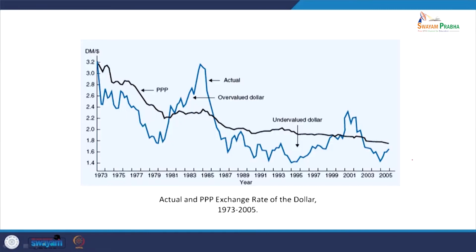These are some of the examples, the data which were taken from Dominick Salvatore's book on international trade. You can follow it and the calculation is given. I have simply taken it from that book for your reference. For understanding the concept very clearly, over a period of time how the actual and PPP exchange rate of the dollar vary from 1973 to 2005.